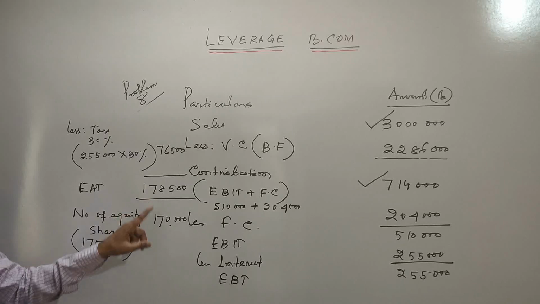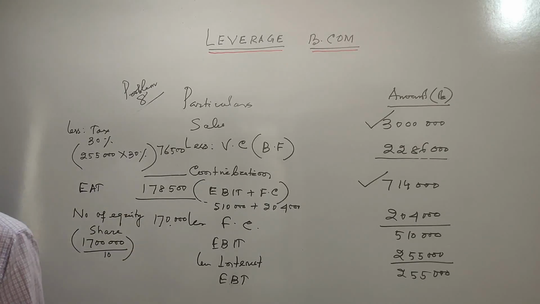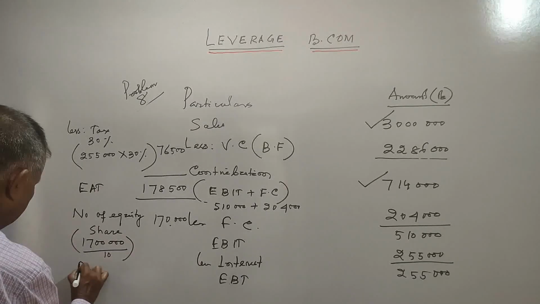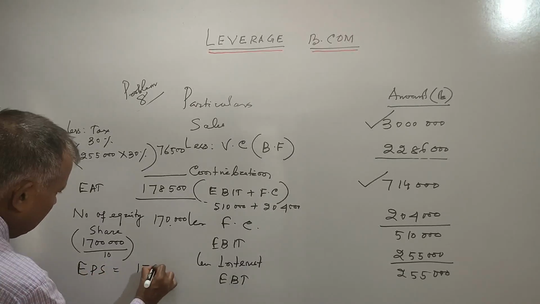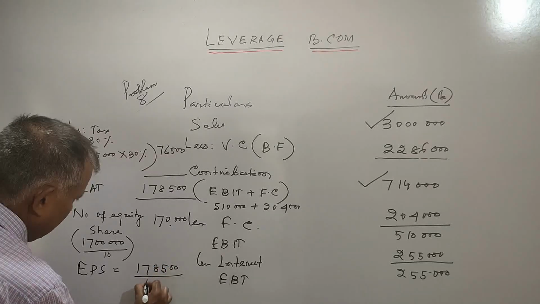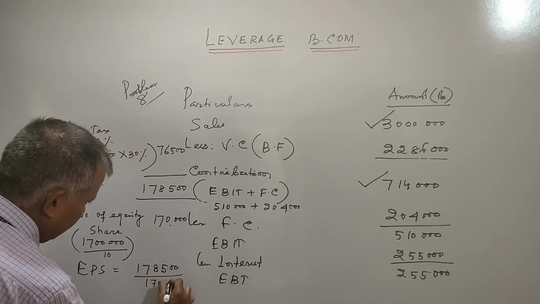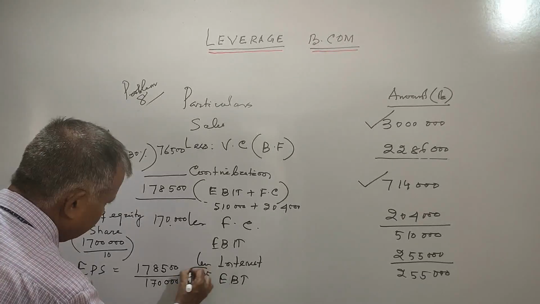Therefore, EAT divided by number of equity share, we will get the earnings per share. So earnings per share: 1,78,500 divided by 1,70,000, it is 1.05.